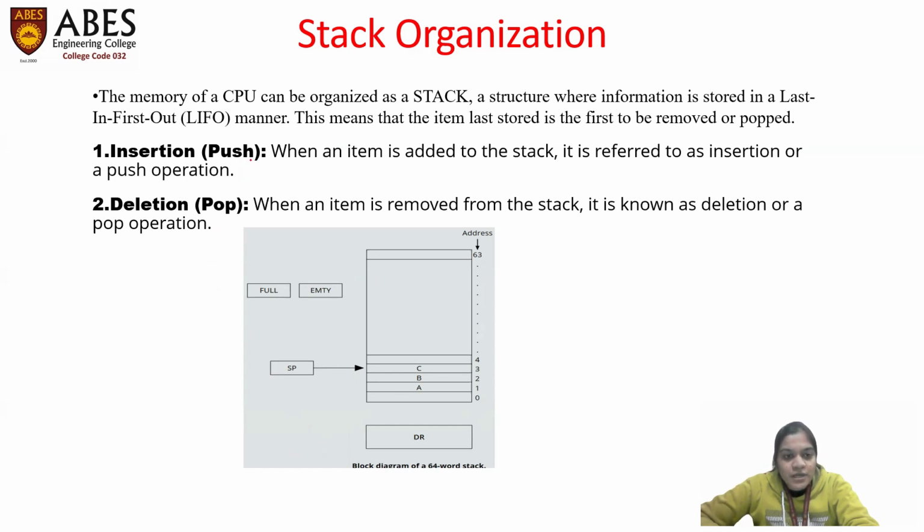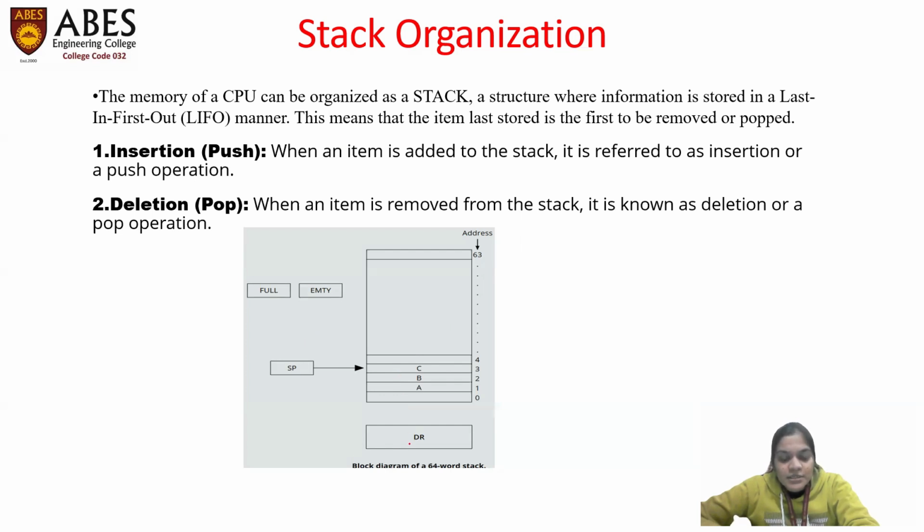So what's happening over here is we are performing the operations push and pop. For insertion, we are considering the push operation inside the stack register. And for the pop operation, we are considering it as a deletion when we need to remove the data from the stack. For processing this, we need a stack pointer to denote that particular location from where the data has to be deleted.